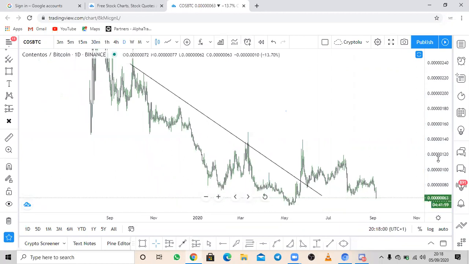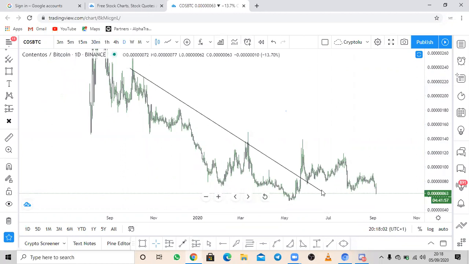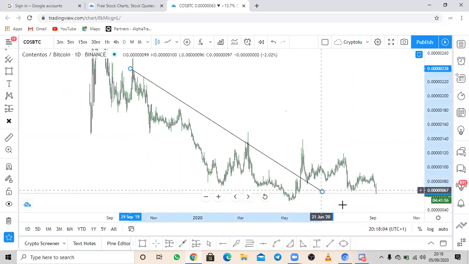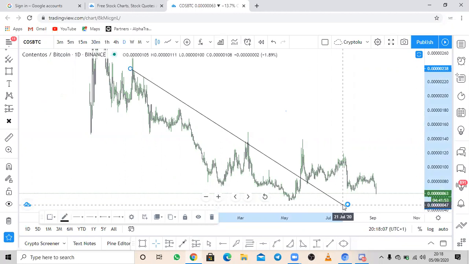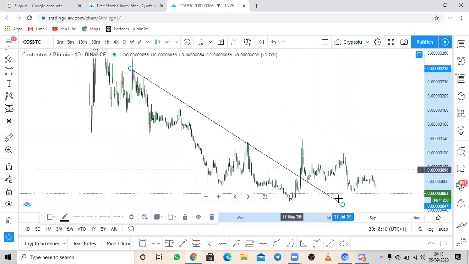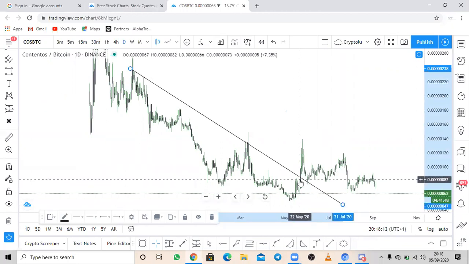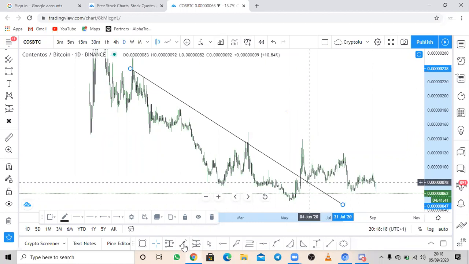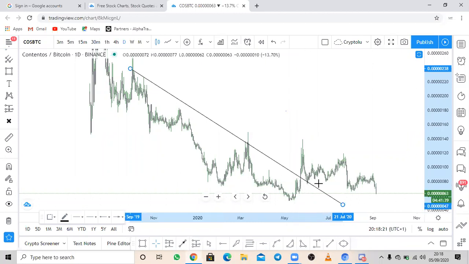we'll see that price broke out of the resistance trend line around this point here, before we had a breakout and a retest around here. Price came back for a retest here.